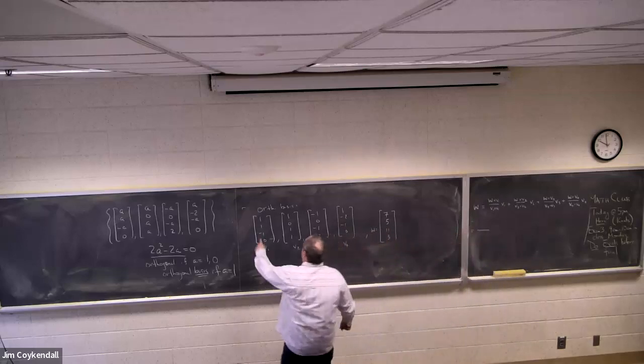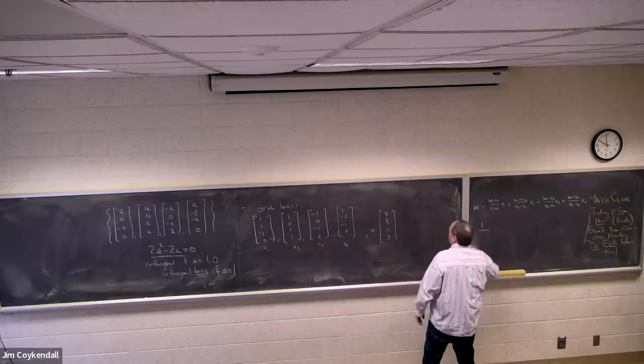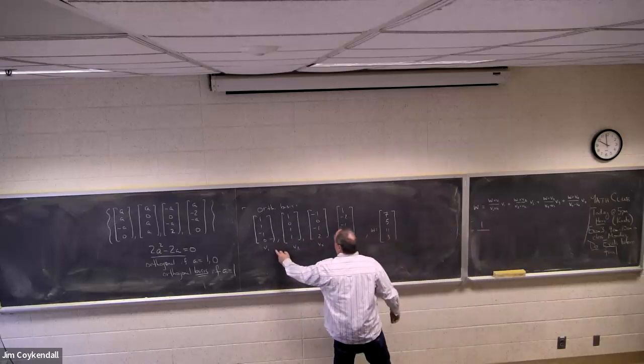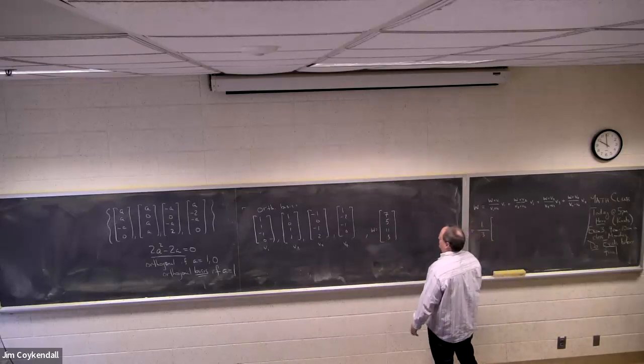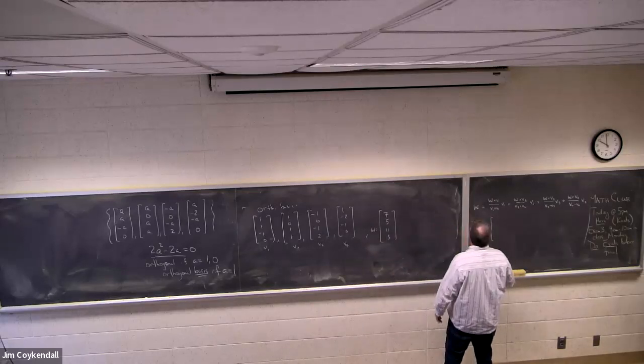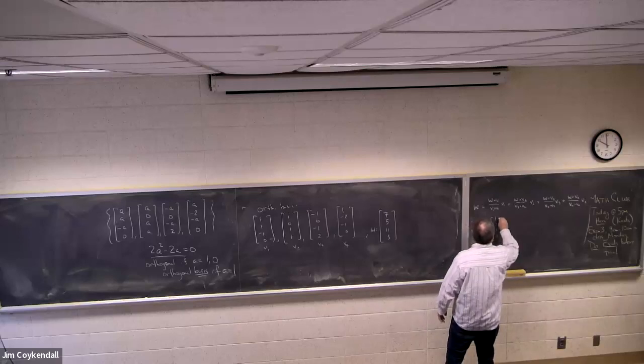W dot B1 is 3, and B1 dot B1 is 3, so that is 1 times the vector 1, 1, minus 1, 0.